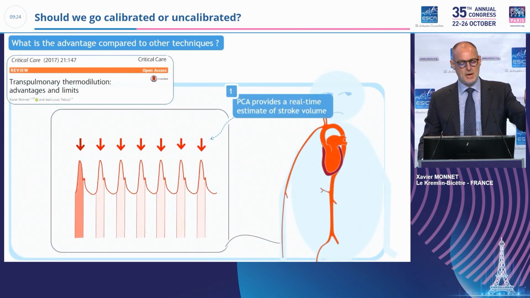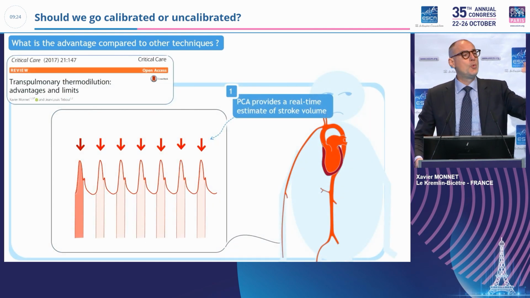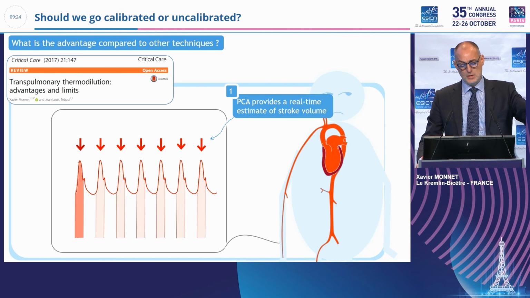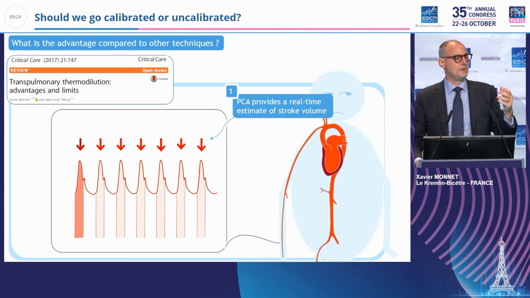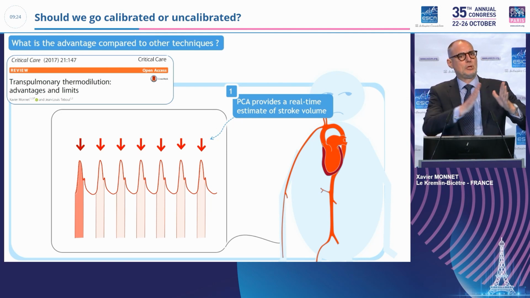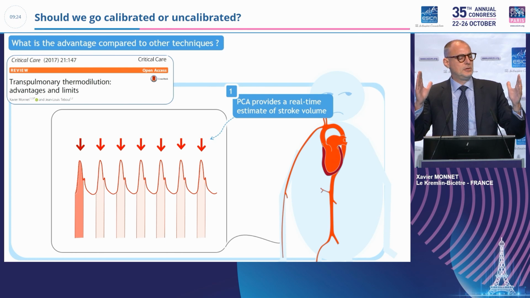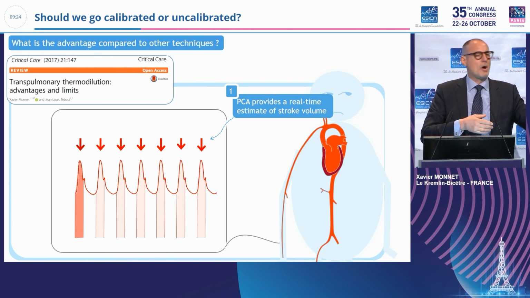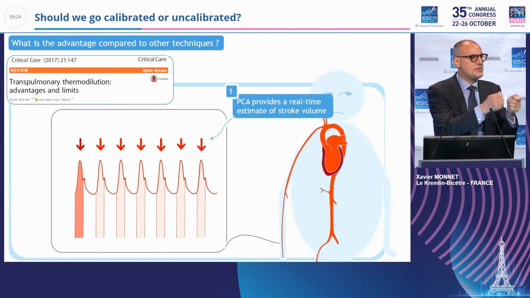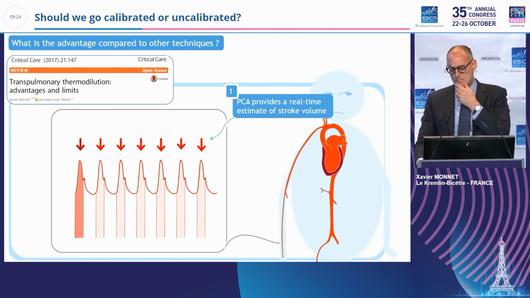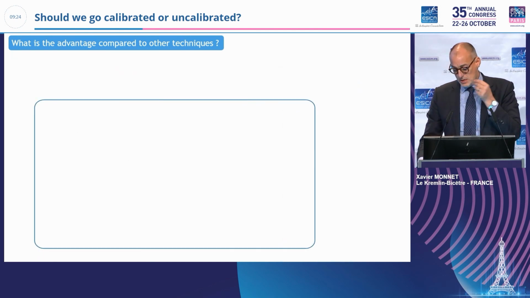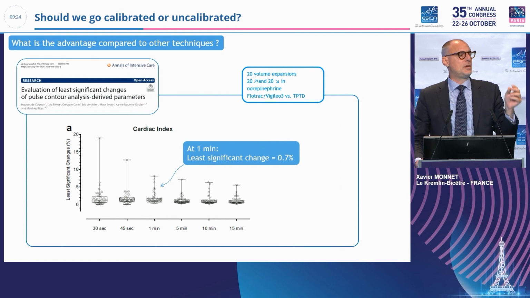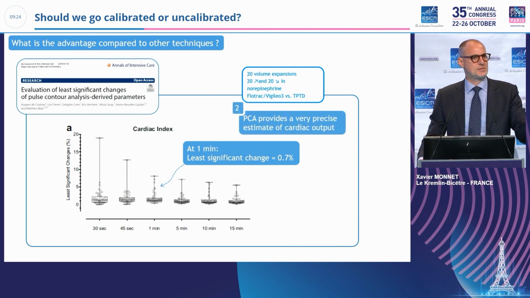So pulse contour analysis provides a real-time, a continuous measurement of stroke volume. Of course, several heartbeats are averaged, and the system displays average stroke volume over 12 or 20 seconds, but basically this is real-time monitoring. The second advantage is indeed the precision of the system.